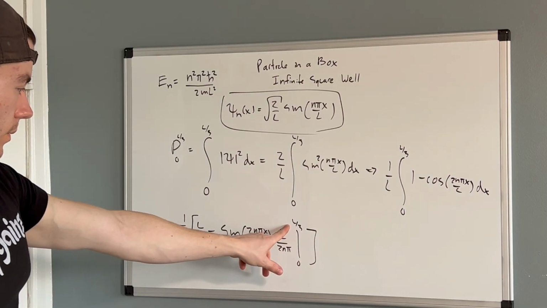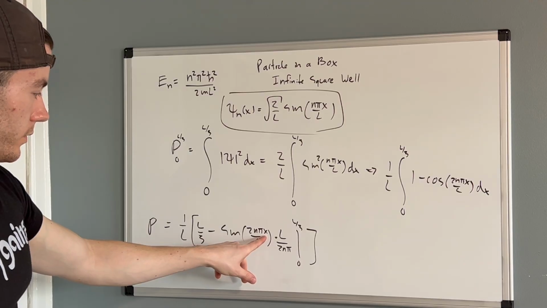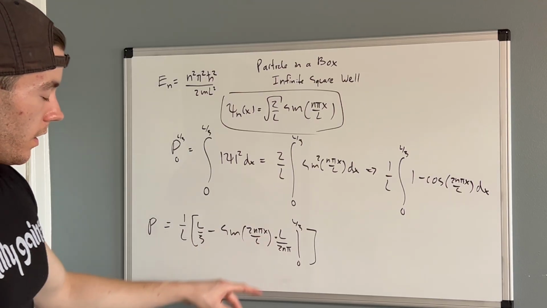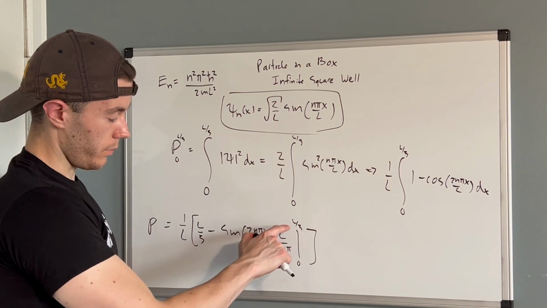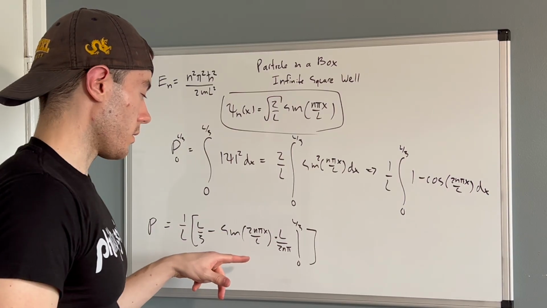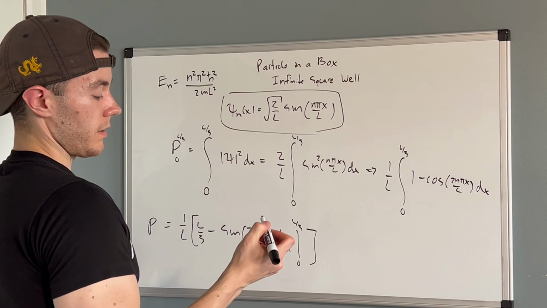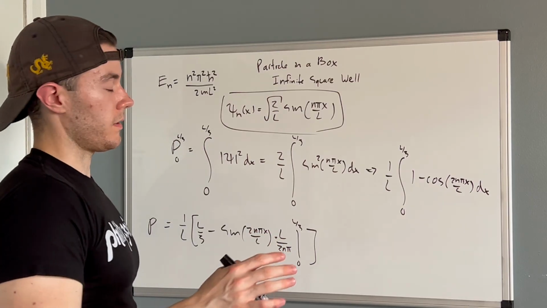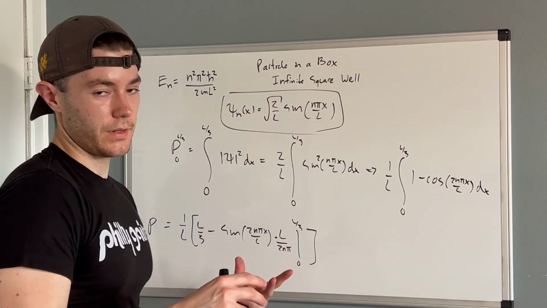Let's see, if we plug L over 3 in for x, the L's will cancel. All right, hold on. First off, if we plug 0 in for x, it's going to be 0. If we plug L over 3 in for x, we're going to get 2/3 pi times n. I forgot to mention that we have to pick a state.